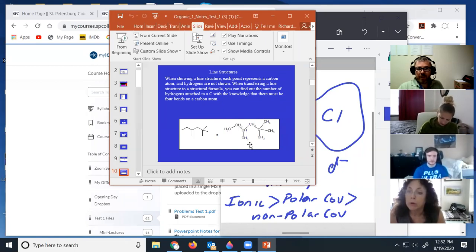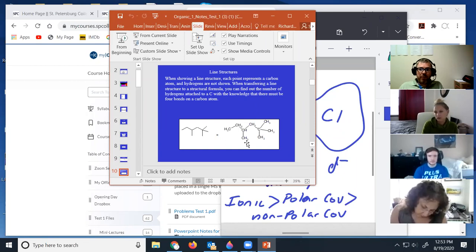So the line structure, here's the thing. Do you really want to be writing out every single carbon and hydrogen? No, you don't want to be doing that. So you want to figure out a way that you can shorten it down a bit, and that's what a line structure is.